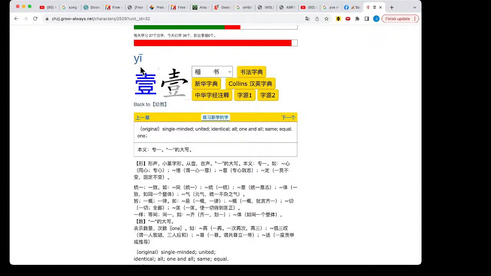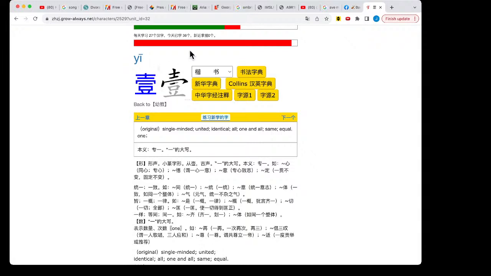But this one still means one in a particular situation, which is when you write checks. Because the Chinese 一, one stroke, is very easy to change and make fraud, people writing checks use those complicated characters. So this is the one for one.